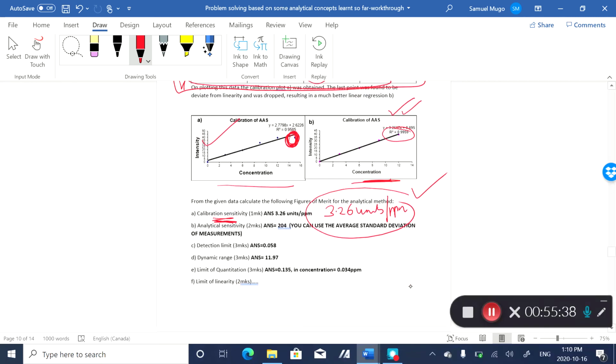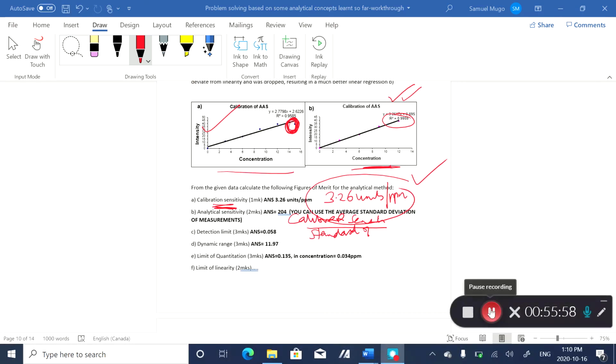Remember, on the other hand, analytical sensitivity is the calibration sensitivity divided by the standard deviation of the measurement.